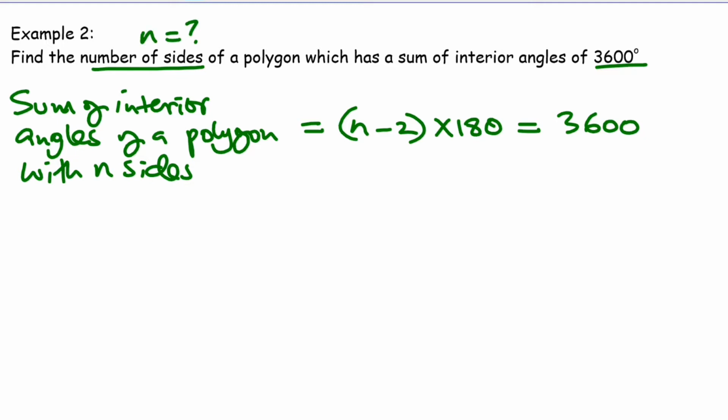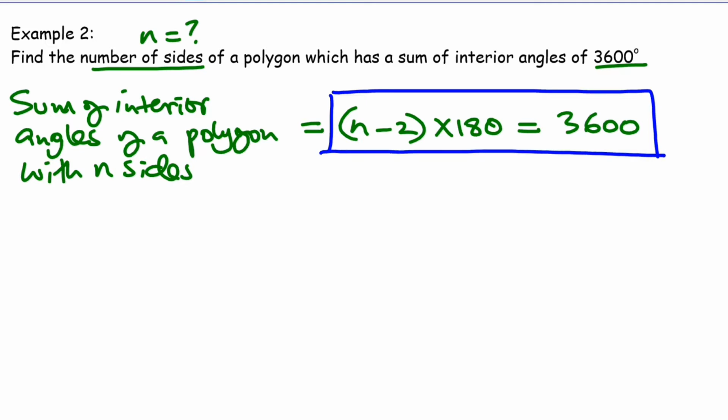So what we need to do is focus on this equation and solve for n. The first step: the opposite of multiplying by 180 is dividing by 180.